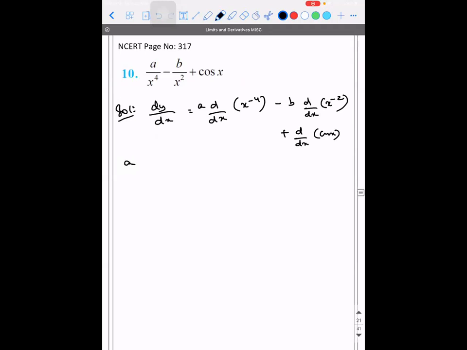A into derivative of x power minus 4, which is minus 4 x power minus 5, minus b into minus 2 x power minus 3, plus minus sin x. That gives minus 4a divided by x power 5, plus 2b divided by x cube, minus sin x.